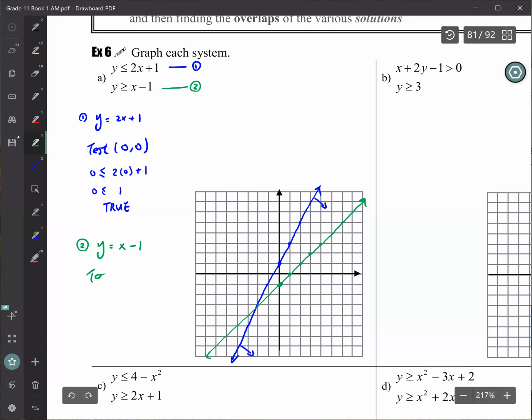Okay, so test. We can also use 0, 0 to test. So Nathan, 0, 0, is it true or false? I haven't done that. I screwed up on the line. So let me know, okay, when you finish testing for 0, 0, okay, Nathan?